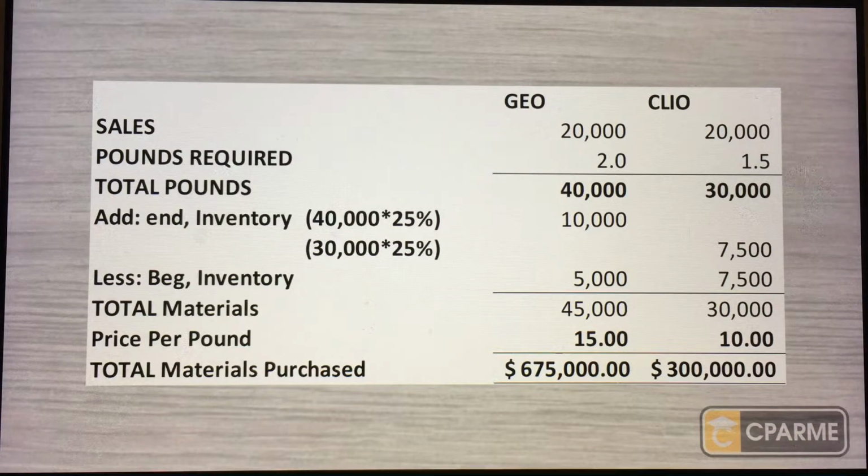So 45 for Geo, and for Clio 30,000, then multiplied by the price per pound, which is 15 for Geo and 10 for Clio. So we get total materials purchased of around 665,000 for Geo, and 300,000 for Clio.